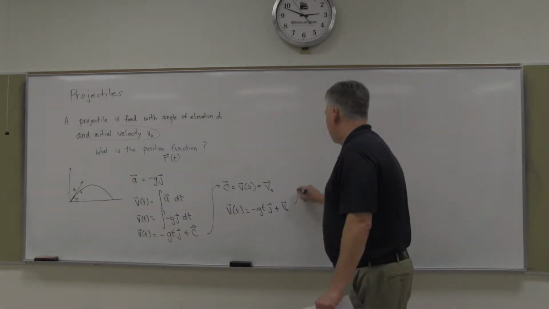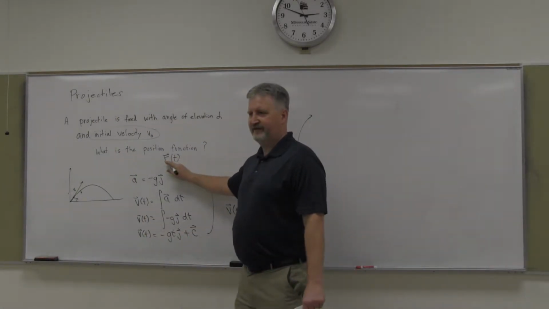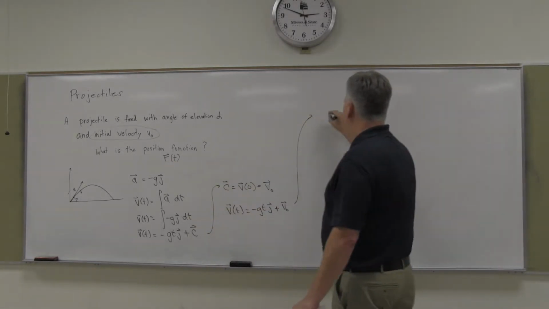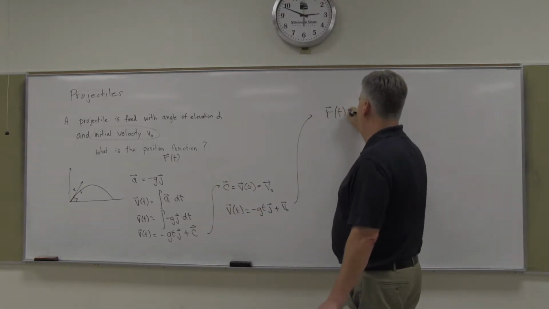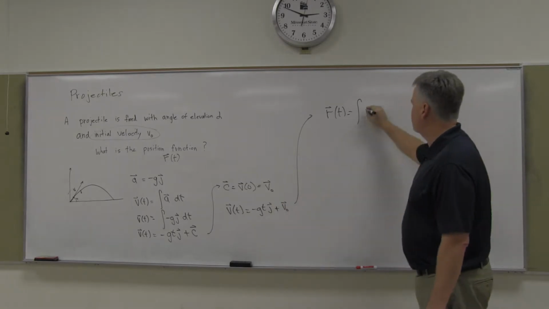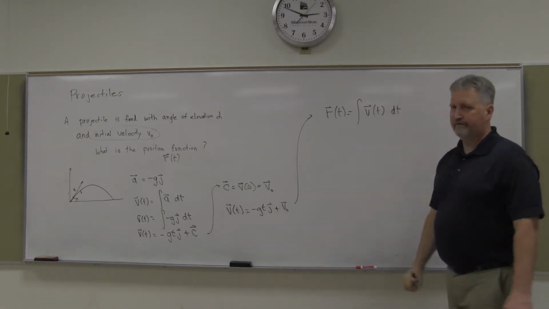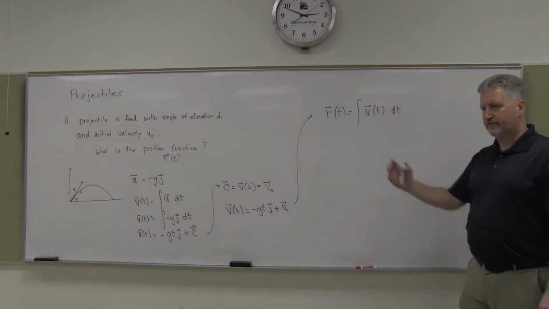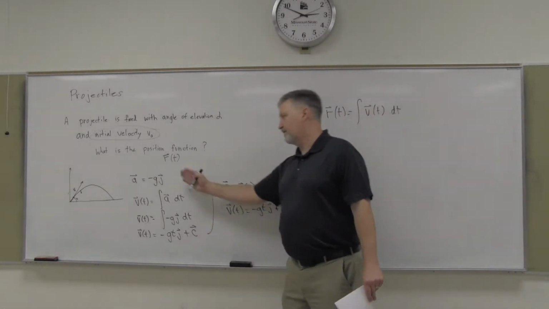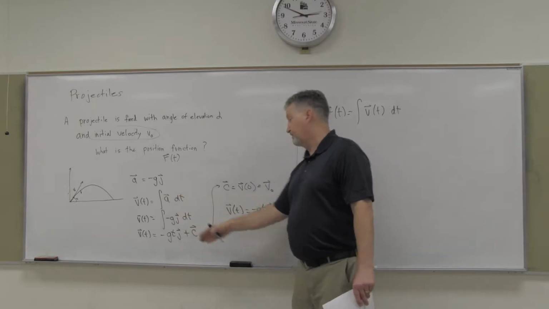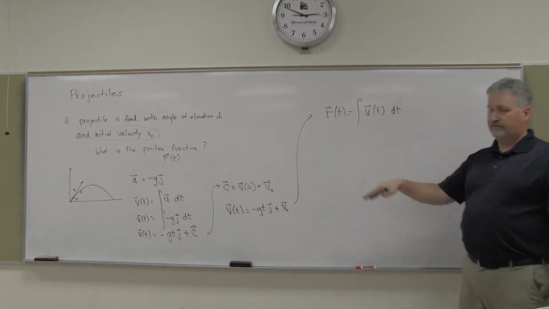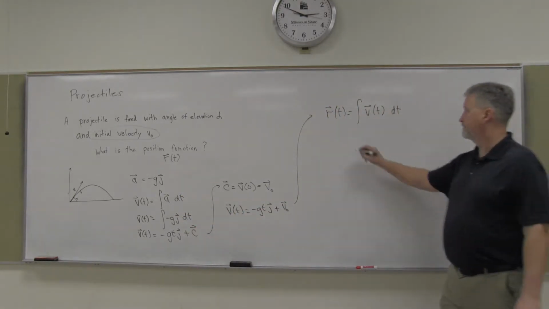Now, our goal is to get to r of t, the position function. Wouldn't we, just like before, integrate the velocity vector to get r of t, the position vector? We're just working our way back: we've got the acceleration, do the integral, we get the velocity, do the integral of that, we've got the position.